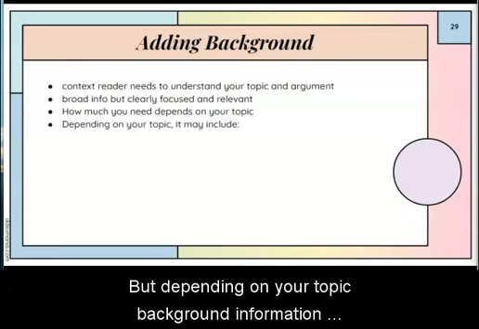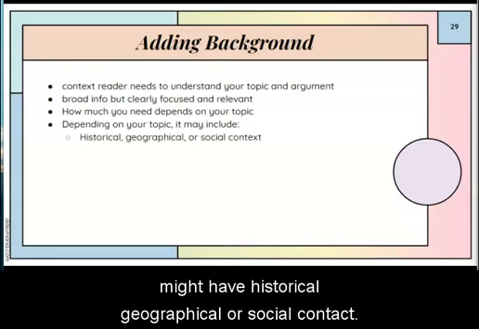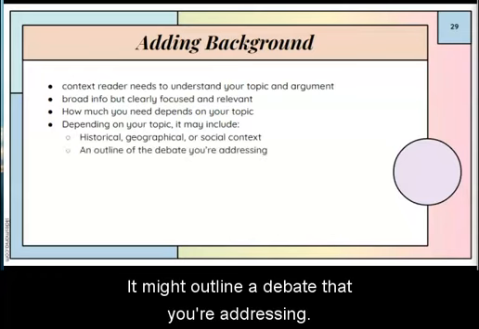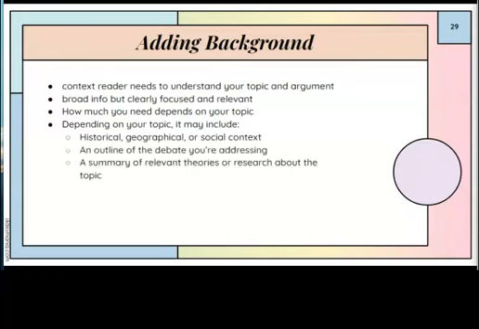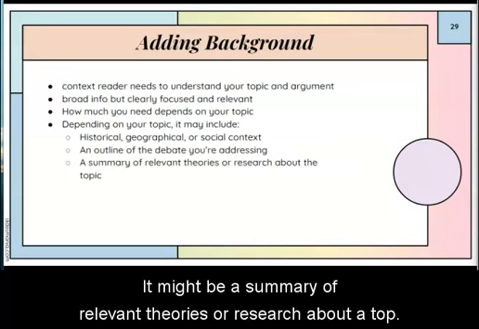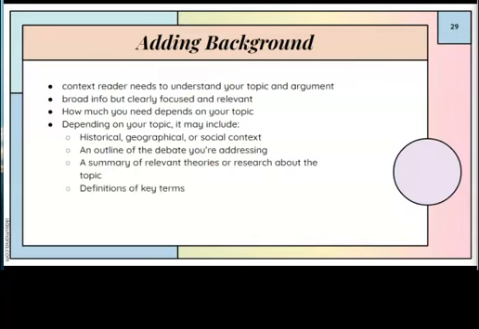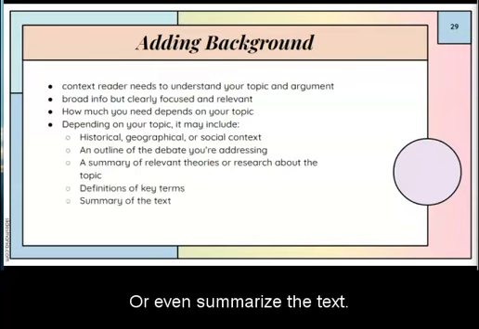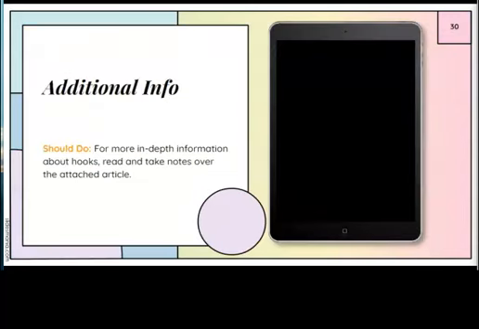Okay, but depending on your topic, background information might have historical, geographical, or social context. It might outline a debate that you're addressing. It might be a summary of relevant theories or research about a topic. It might define key terms or even summarize the text.